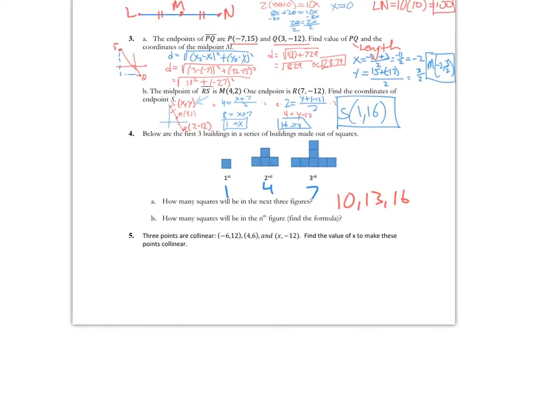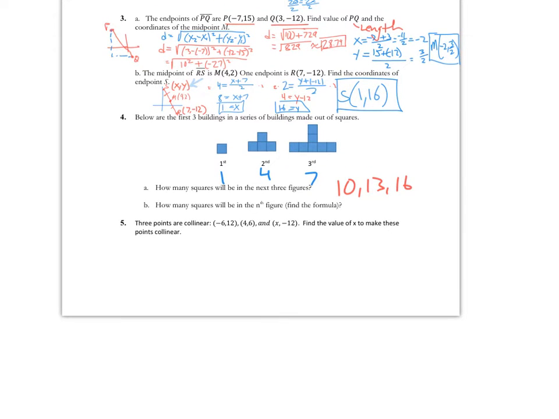Now, the pattern is going up by 3. You can do this a couple ways. Since the pattern is going up by 3, this is a linear pattern. And so linear patterns, the slope, the rate of change is 3. So since we're going up by 3 every time, that tells us our formula is going to be 3 times n plus or minus something.